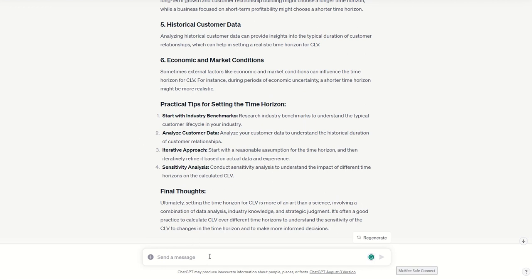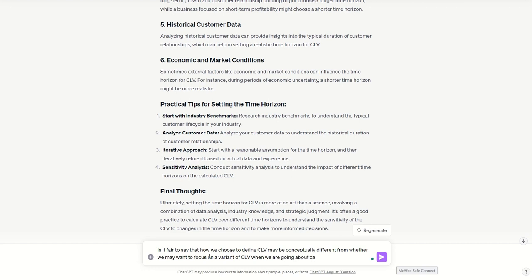So let's just kind of ask that. Is it fair to say that how we choose to define CLV may be conceptually different from whether we may want to focus on a variant of CLV when we are going about calculating it?